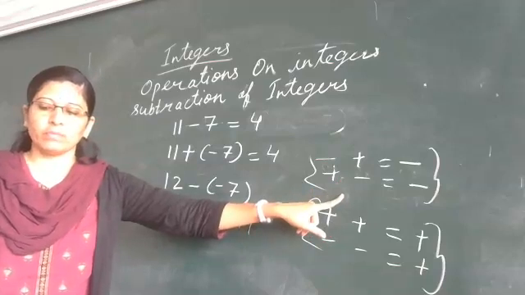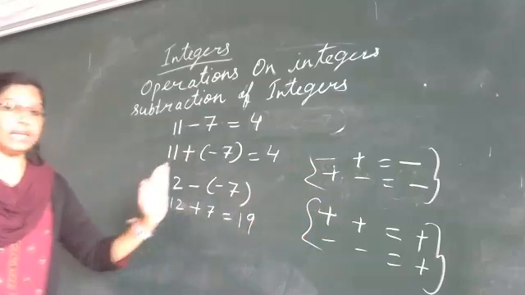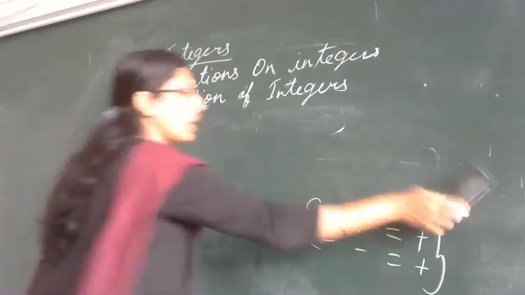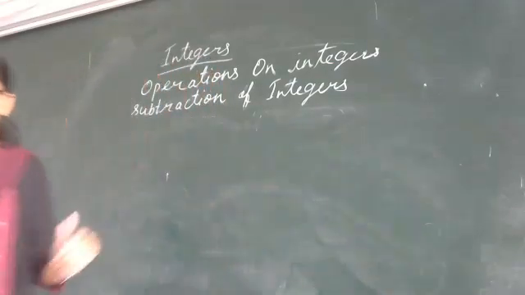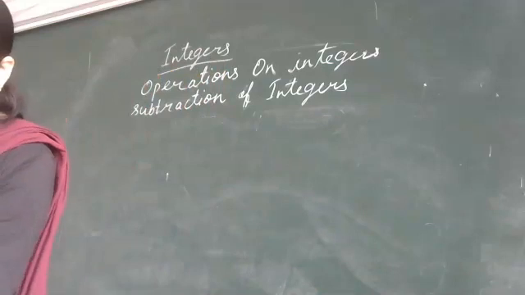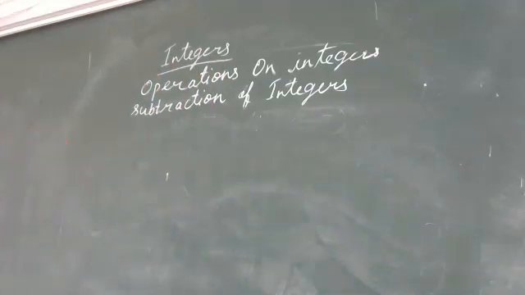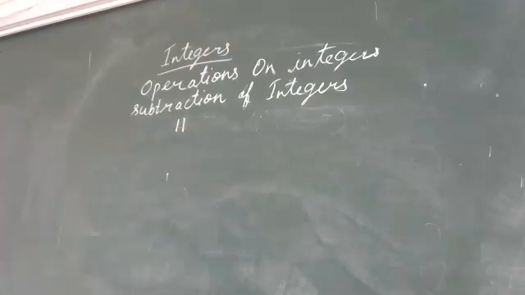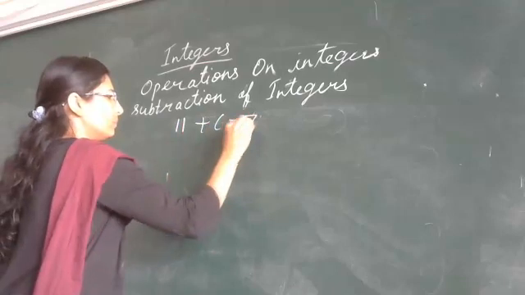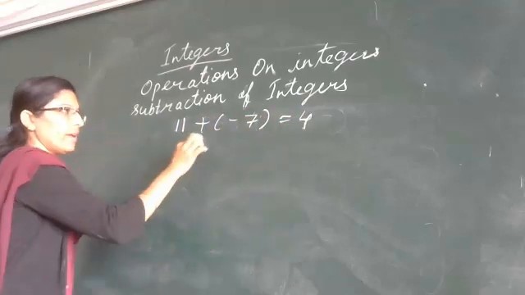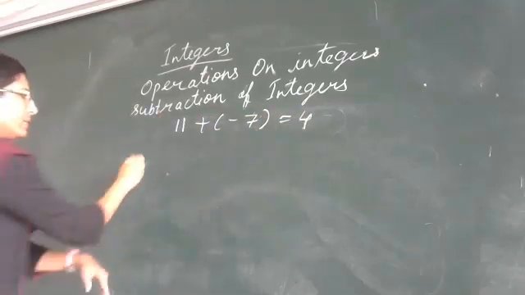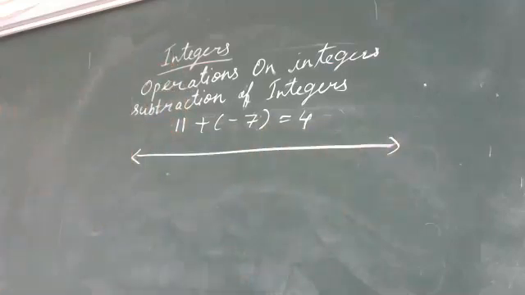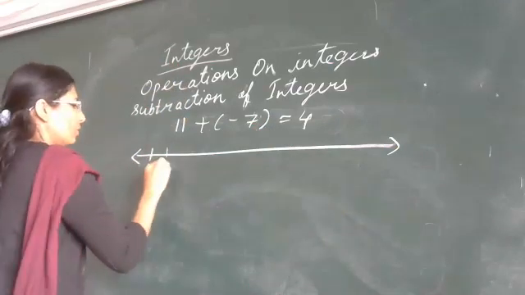Yes, ma'am. Okay, so we'll see now how we can represent subtraction on a number line. For example, the same example we'll take, 11 plus minus 7. We will represent it on a number line. Now, 0.